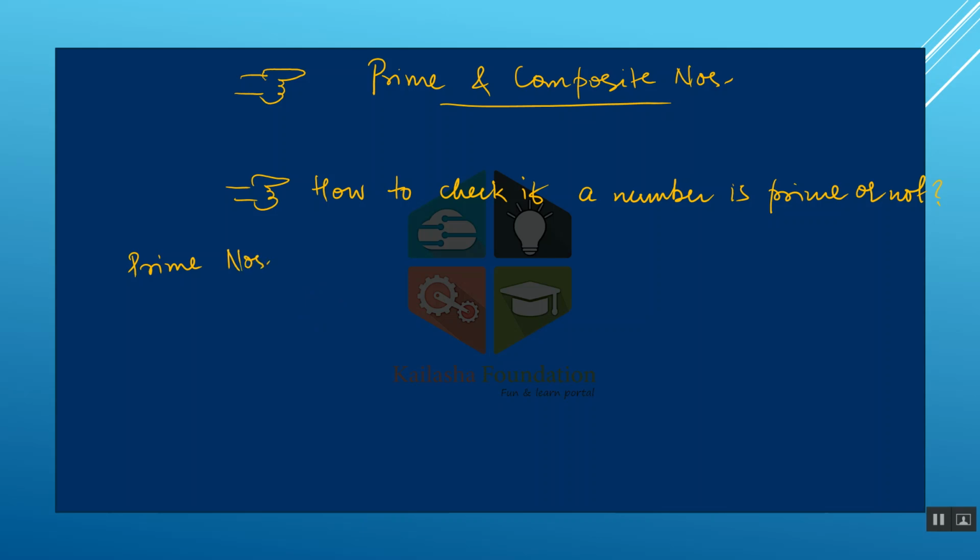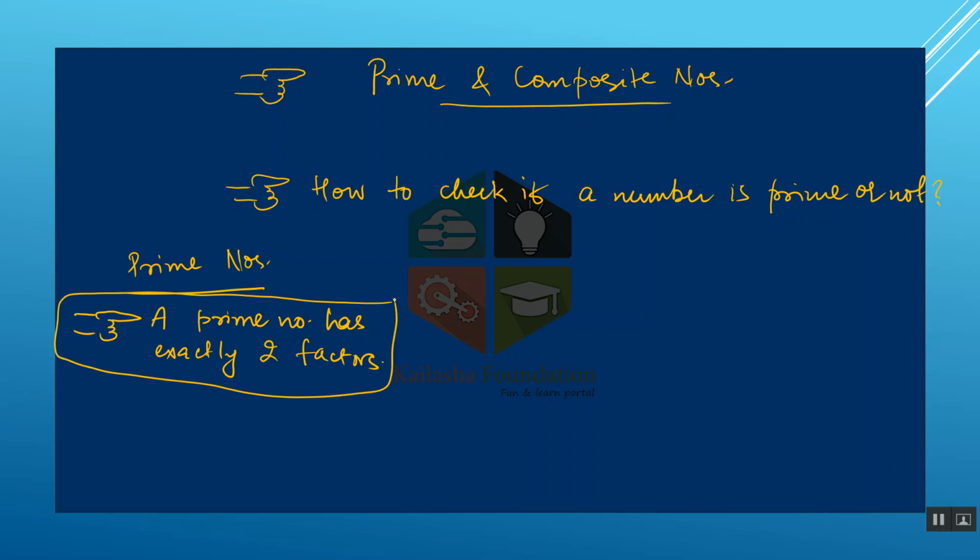The main thing about prime numbers is a prime number has exactly two factors. The definition starts and ends here.